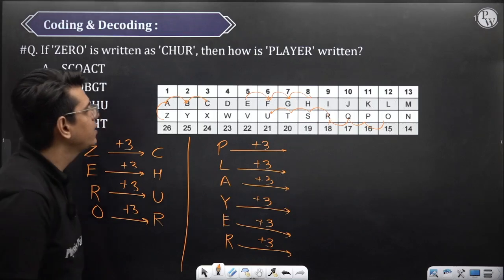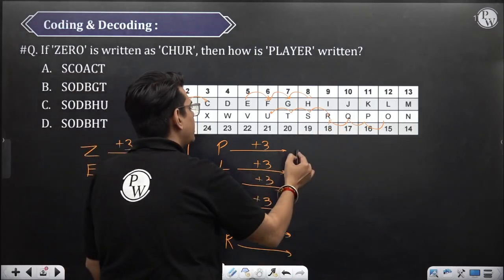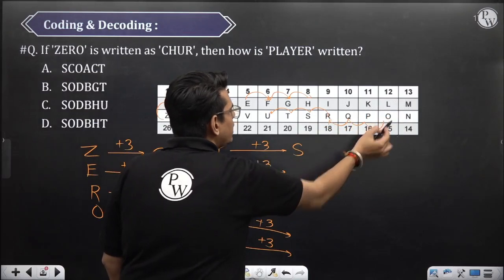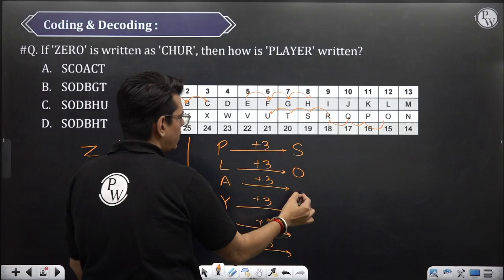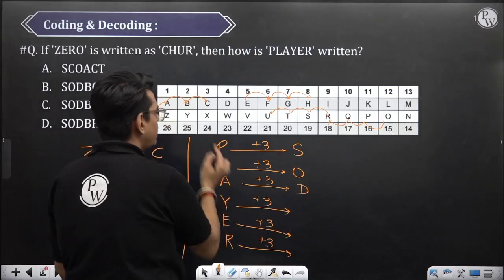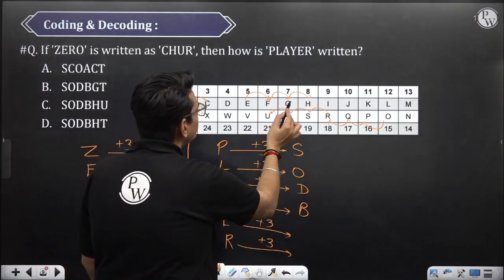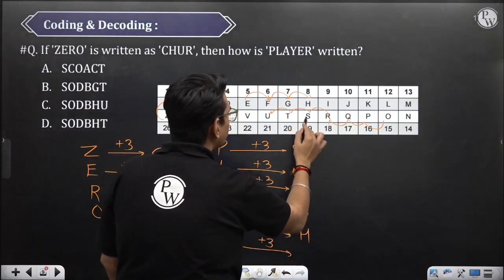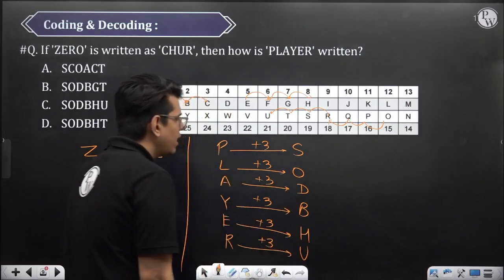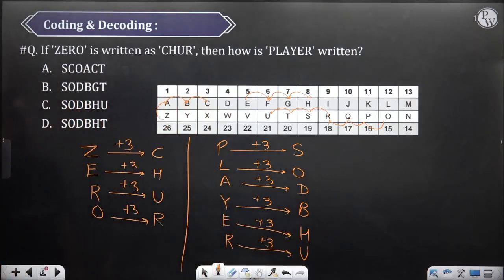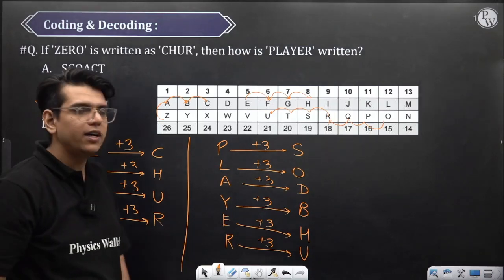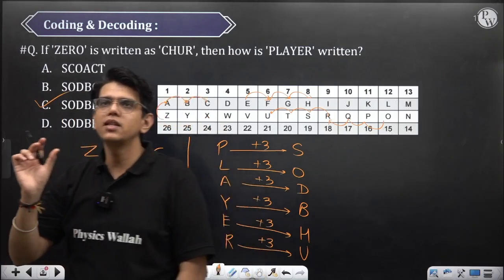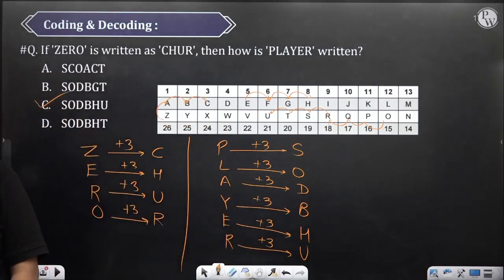P plus 3, P is here, 1, 2, 3, S. L is here, 1, 2, 3, O. A, B, C, D, Y, 1, 2, 3, B. Then E, 1, 2, 3, H. R, 1, 2, 3, U. Okay, so answer is SODBHU. So the answer is option C. You can see all the questions are easy. You just have to find out what is the pattern that the words are following in their code. Okay. Let's look at another example.